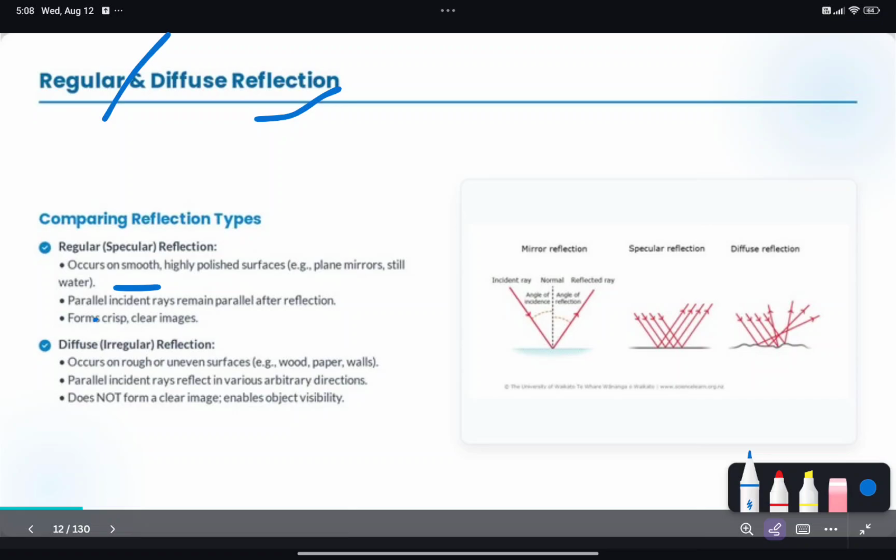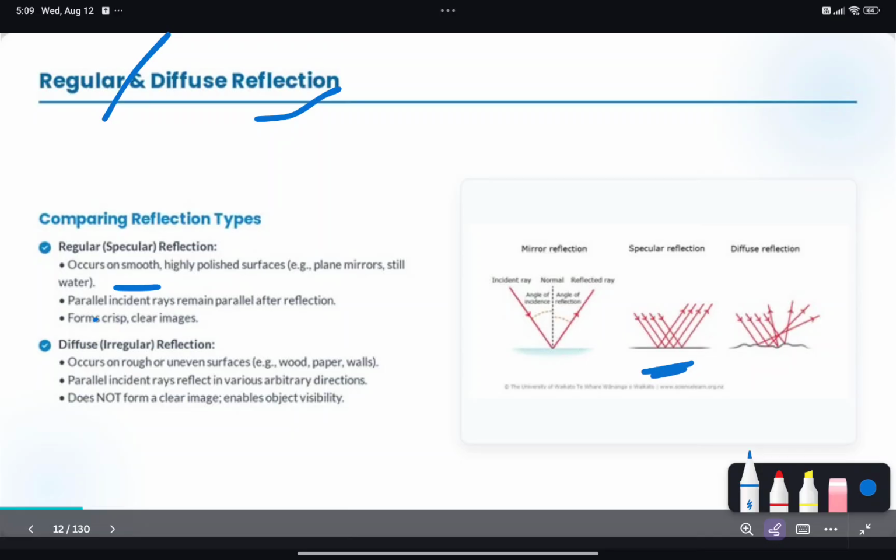Examples: plane mirrors and still water, that is, stationary water. The parallel incident rays remain parallel after reflection. Clear?